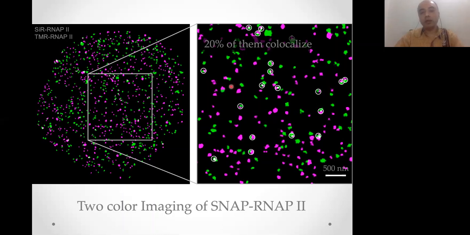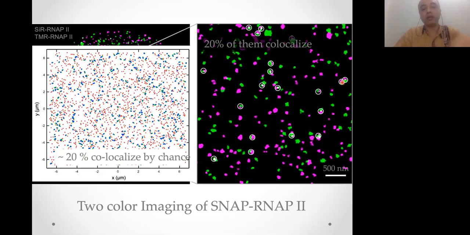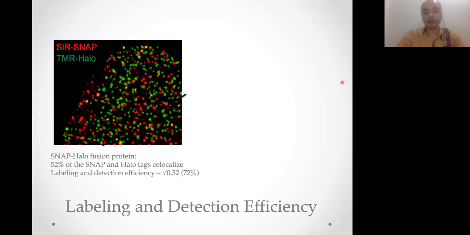And you will find that some of these dyes will co-localize once in a while, but it has nothing to do with their physical interaction. It is because at these densities, there are always going to be some which will just fall in the same, even super diffraction limited, spot, they will fall together. Okay, so we can show by doing simulations that they will fall together at these densities. So it has nothing to do with a biological function, at least for us.